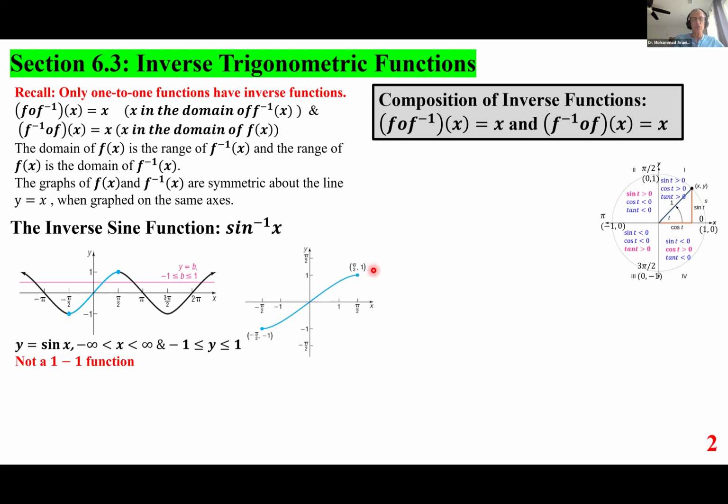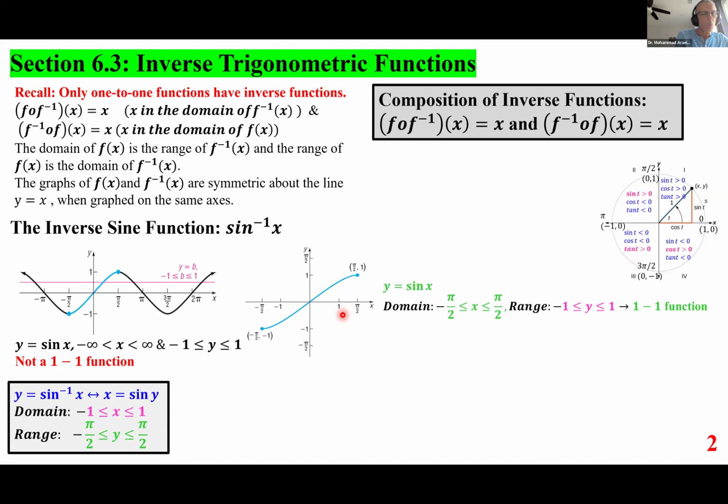So with that restriction, we have a one-to-one function. In this case, we're going to say y equals sine x. Domain has changed from negative to positive infinity. We restrict it to negative π/2 to π/2. And now the range remains. It must, otherwise it defeats the purpose. Now this is a one-to-one function. Therefore, it has an inverse function.